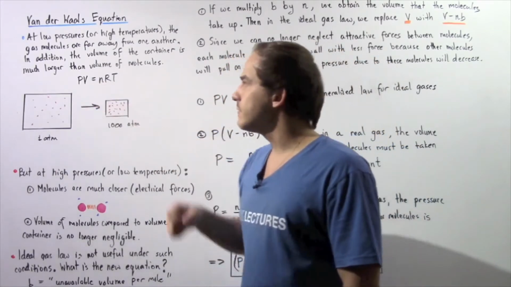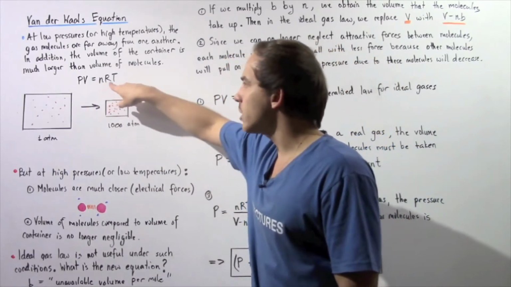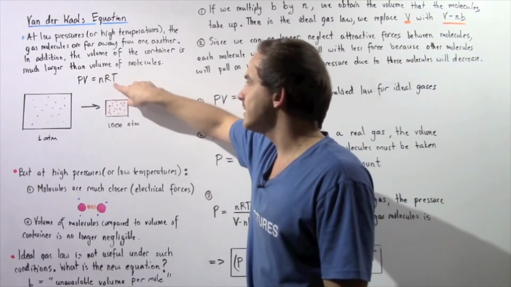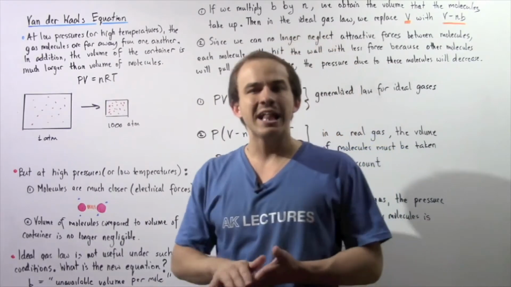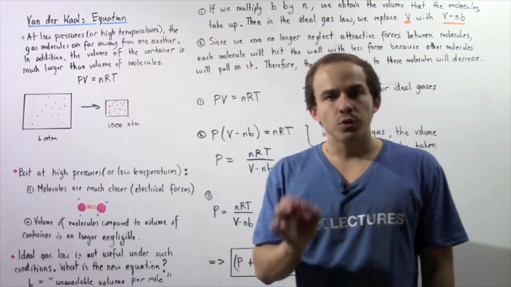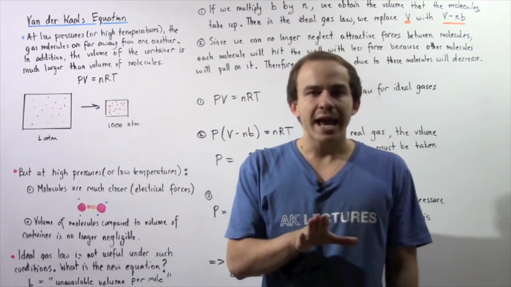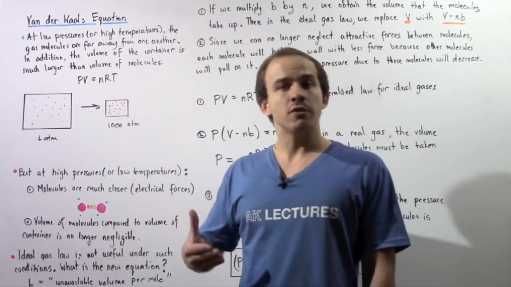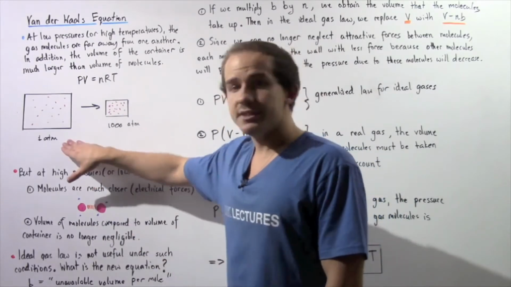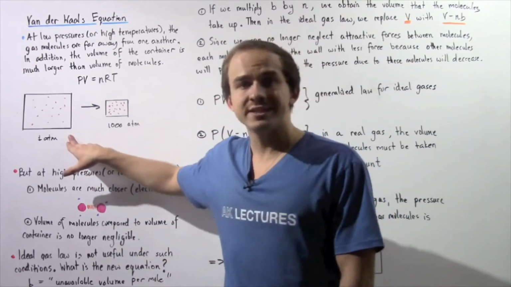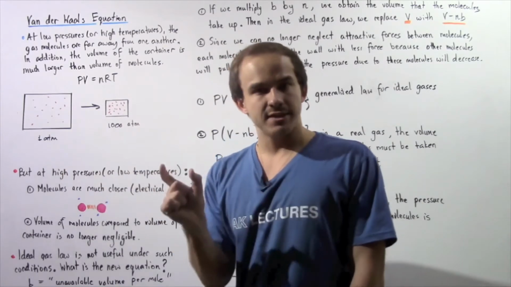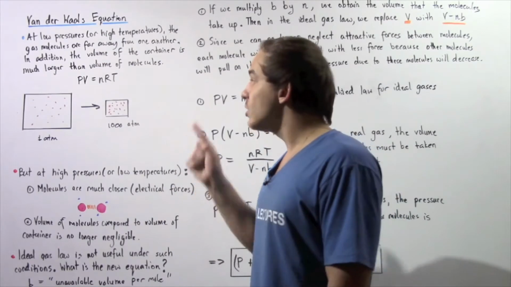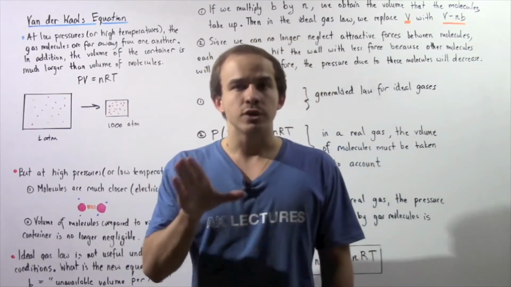So the pressure times the volume is equal to nRT, where n is the number of moles of gas, R is the gas constant, and T is the temperature in kelvins. The reason that we can use the ideal gas law to help explain the behavior of real gases under these conditions is that the distance between two molecules is very high, and we can neglect the electrical forces.